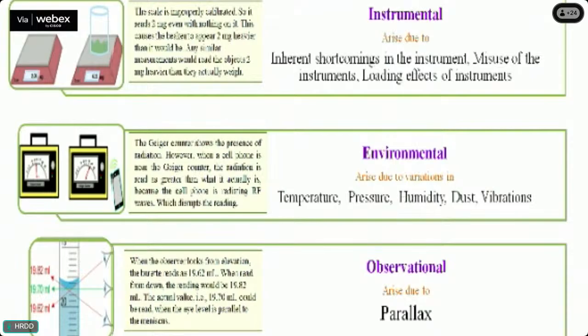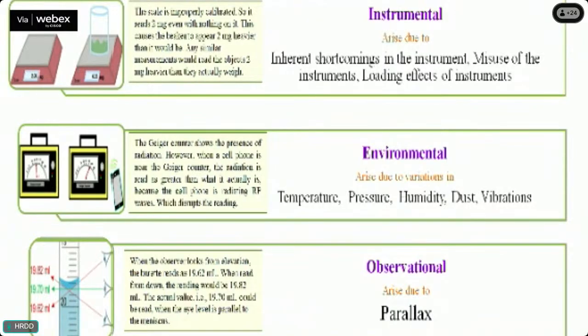So there are 3 different types of causes of systematic error. One is due to the inherent limitation of your measuring device, instrument, or some environmental parameter, or while doing the observation. The environmental parameters we have also discussed.